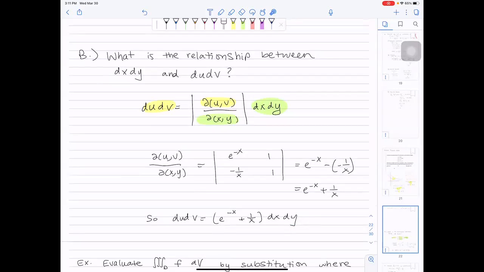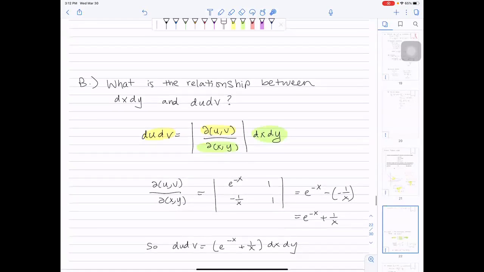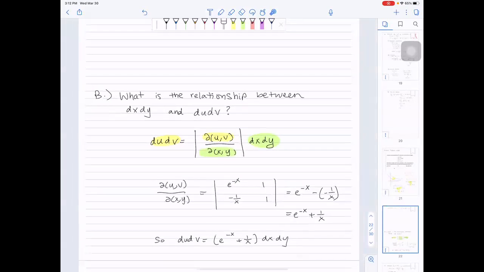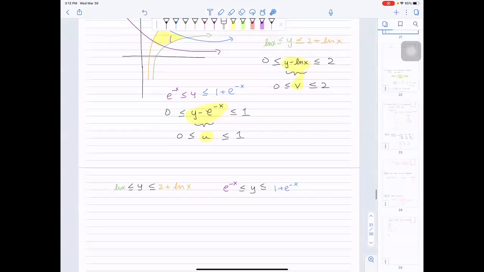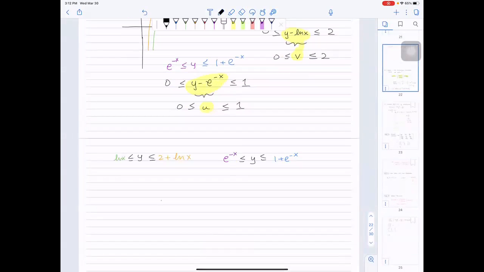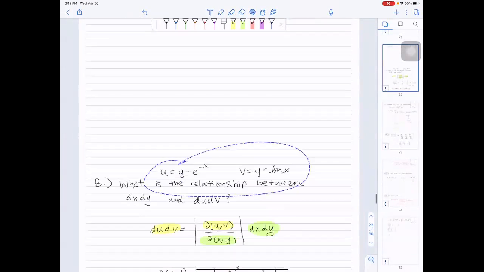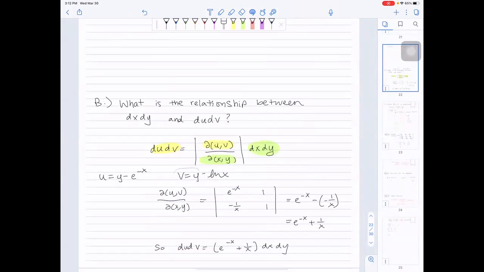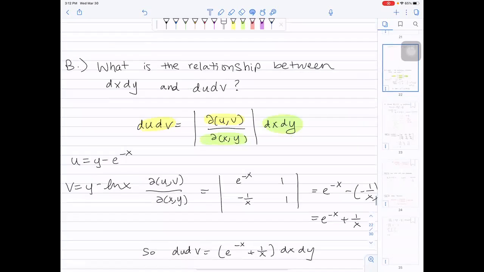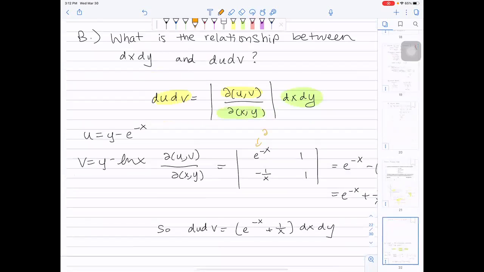What is the goal of when you got into the matrix? So we said that u equals y minus e to the negative x, and v equals y minus natural log x. Let's bring that down here. This first term is the derivative of u with respect to x, and the derivative of u with respect to y.